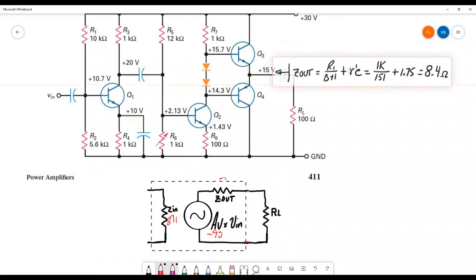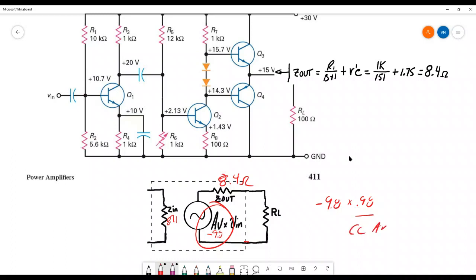Then I would stand at this point and look back into the circuit, and I would say that Zout is 8.4 ohms. And I would say that the gain here is the minus 9.8 times the 0.98, the typical CC amplifier gain of 1. So I would say it's minus 9.8. So I would model the CC amplifier.